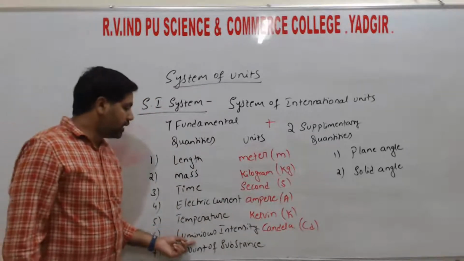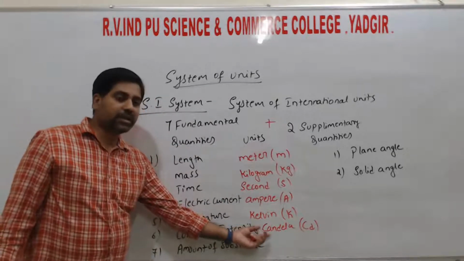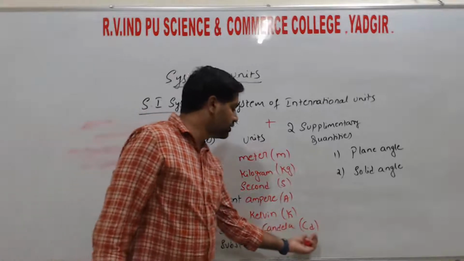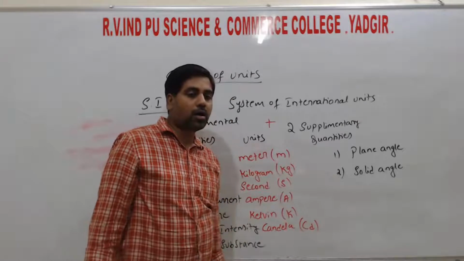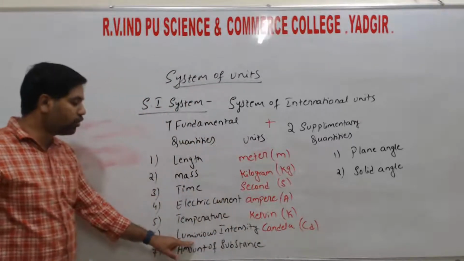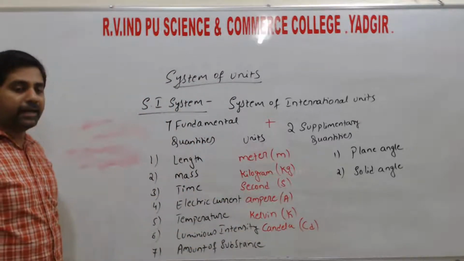Right? For luminous intensity, the unit is candela and the symbol we can write is Cd, that is capital C, small d.